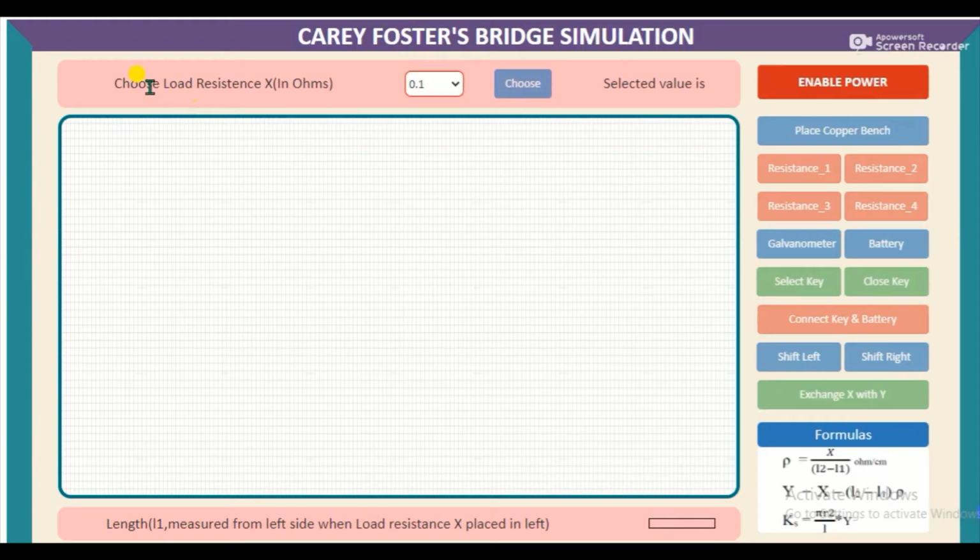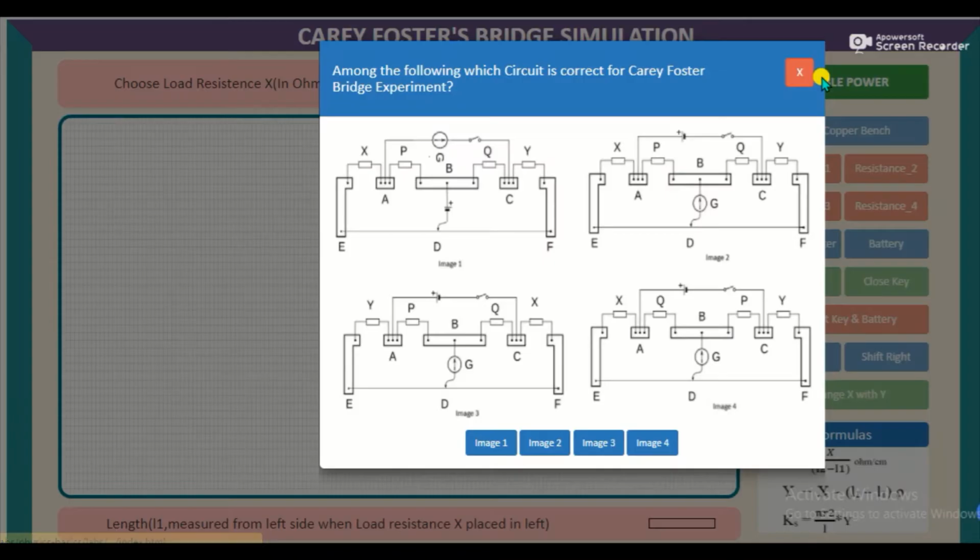First of all, we have to choose the load resistance in ohms, obviously. We are going to choose 0.1 at first, and then enable the power. Here comes the question: among the following, which circuit is correct for the Carey Foster bridge experiment?